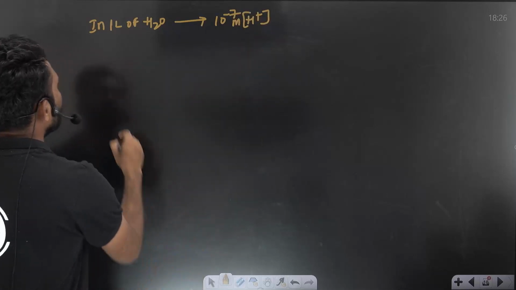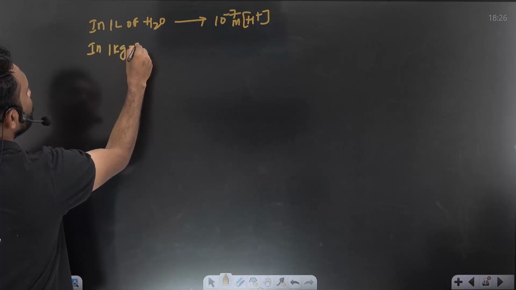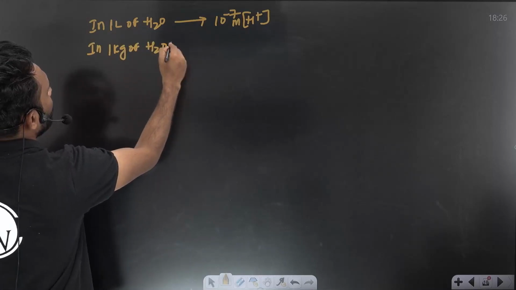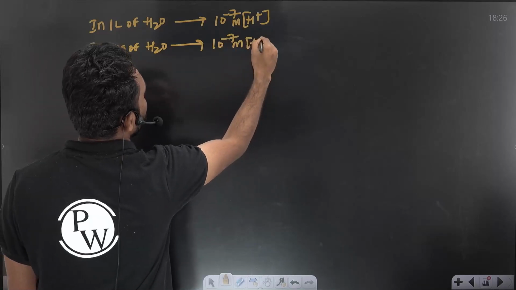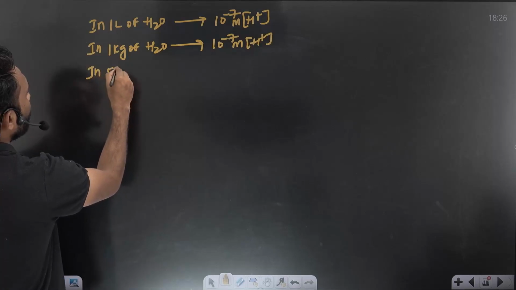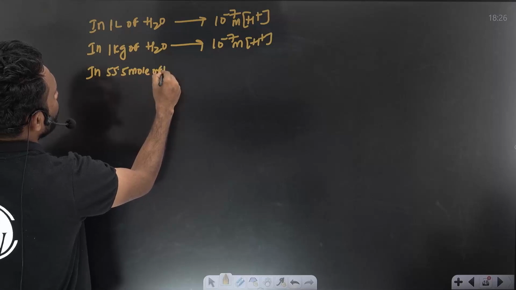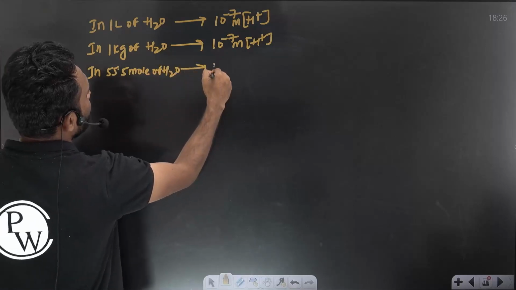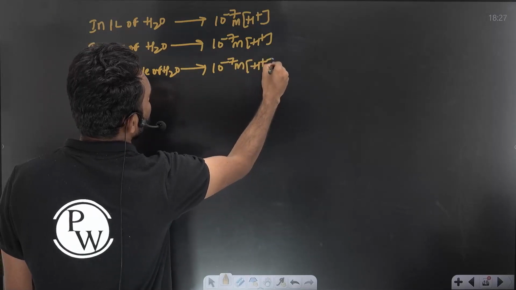In 1 kg of H2O, there is 10 to the power minus 7 molar H plus ion concentration. Now, 55.5 mole of H2O also contains 10 to the power minus 7 molar of H plus ion concentration.